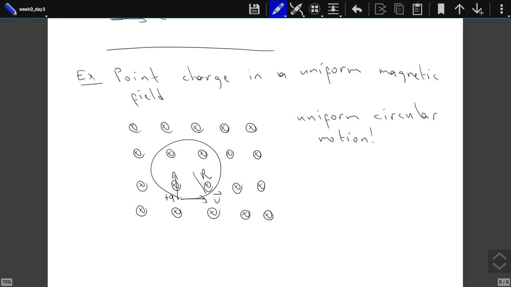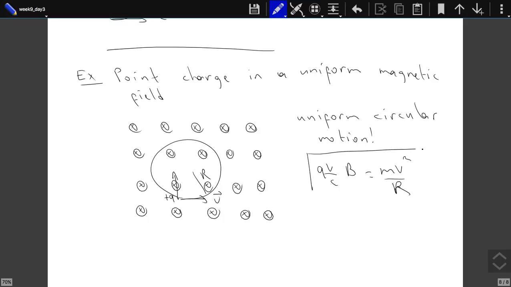What's the magnitude of the magnetic force? qvB over c. This is the magnitude of the magnetic force. This is the force that is providing the centripetal force, which should be mv squared over r.